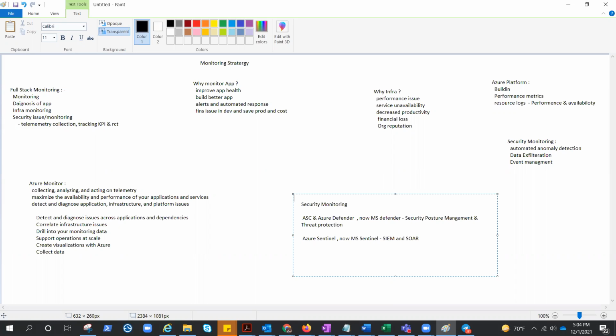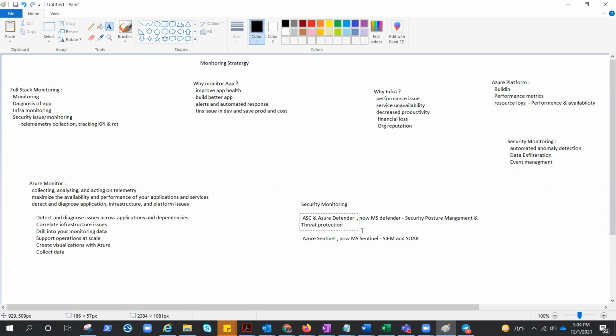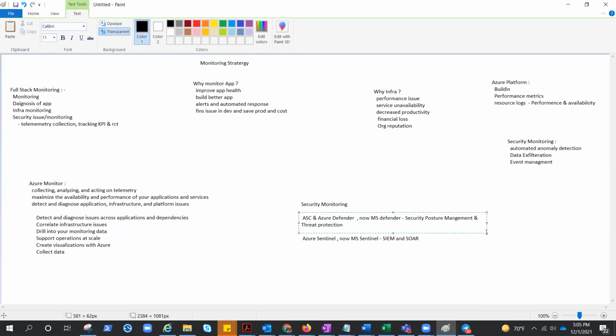And the important thing is what I said at the beginning of Security Center. Azure Security Center and Azure Defender are now called Microsoft Defender for Cloud. For example, Azure Defender for storage is now Microsoft Defender for storage.